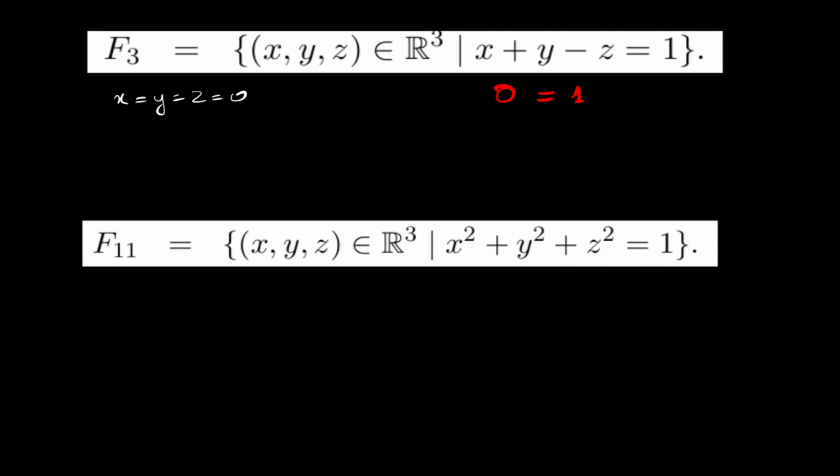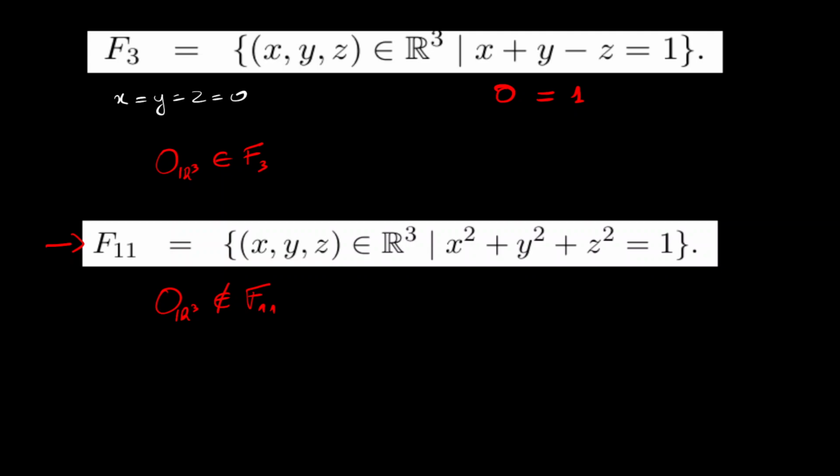The exact same issue happens with the set F11, which is a sphere. Again, the zero vector is not in F11, and the zero vector is not in F3. By this, we can conclude that these sets are not subspaces.